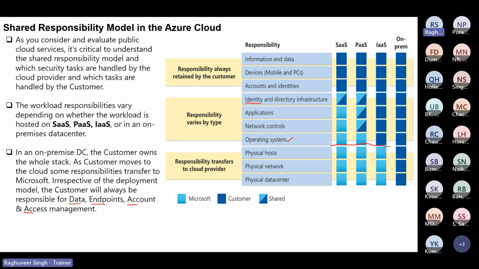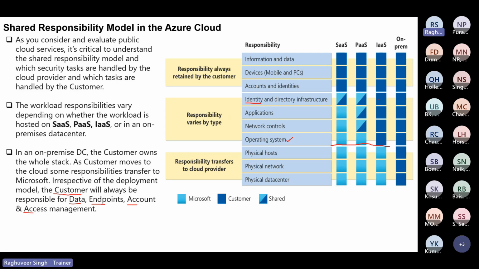Account here means identities. That identity could be a human identity, which is a user account, or a non-human identity, like a managed identity, a system identity, or a service account. So accounts and identities and the access management, which is the access that you grant or the permissions that you configure for the identity, is the customer's responsibility all the time.